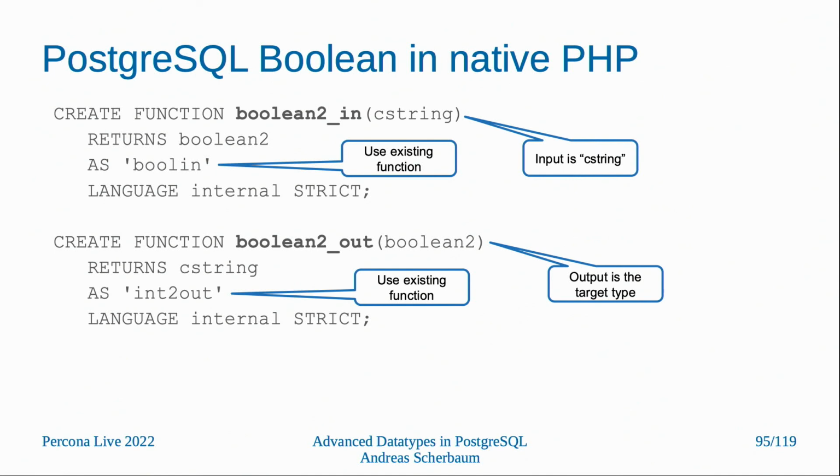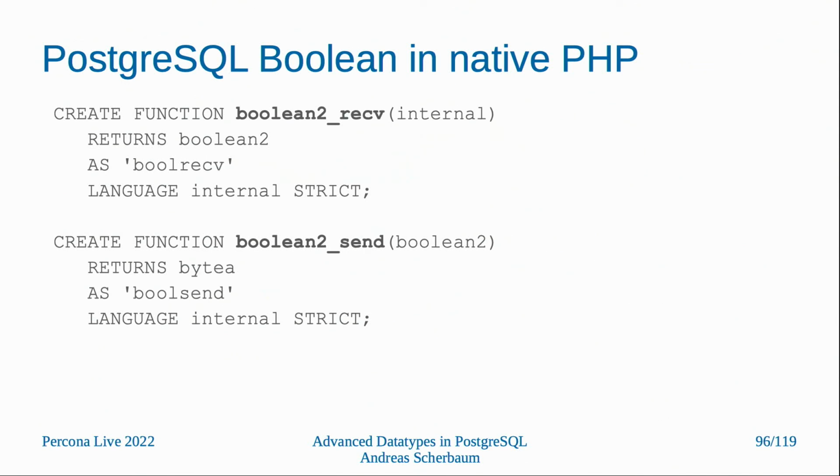We're using bool in, which is from the original Boolean. And Boolean out, which is the representation of the type, is no longer bool out, but is integer out. So we get an integer back, 0 or 1. That's basically all the magic we had to do to create a new type.